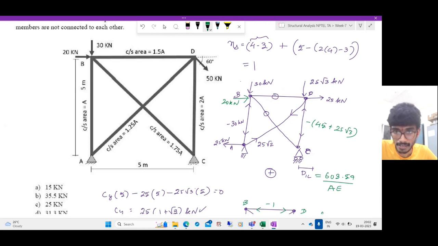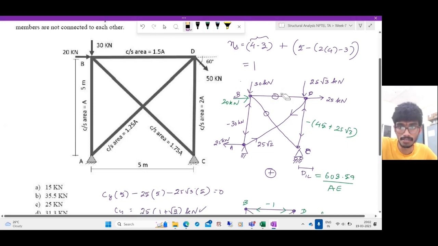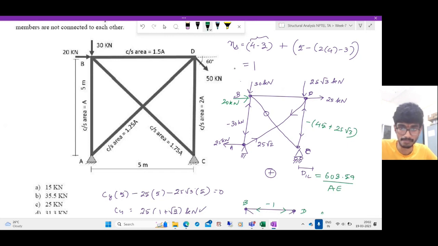And at this joint, this is no longer a zero force member. This is zero force. So this will be subjected to not zero. This will be subjected to minus 45. And since this remains a zero force member, that's not an issue. But since there's a 20 acting here, you need to consider this.